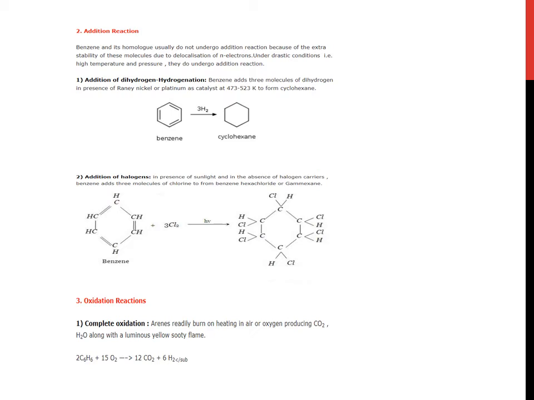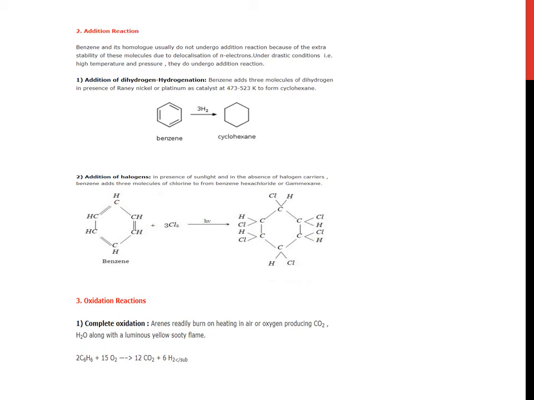Number 1, addition of dihydrogen, which is called hydrogenation. Benzene adds 3 molecules of dihydrogen in the presence of Raney nickel or platinum, and it will now give cyclohexane.